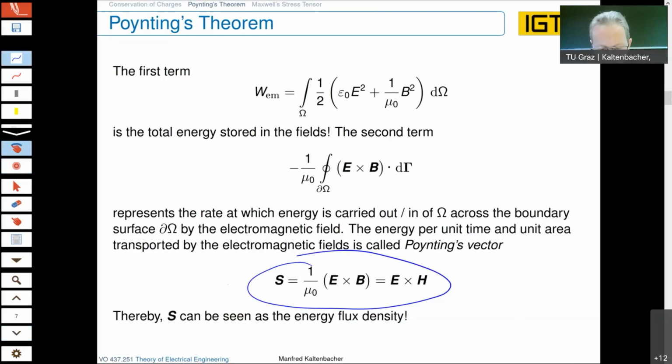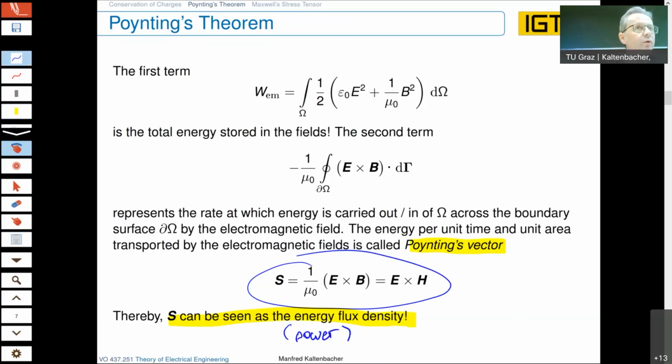We have introduced that this is the so-called Poynting vector, and we have seen that this is a kind of energy flux density, as it is called, because we look at changes of energy. However, you are fully right that perhaps we should write, according to the unit, a power.